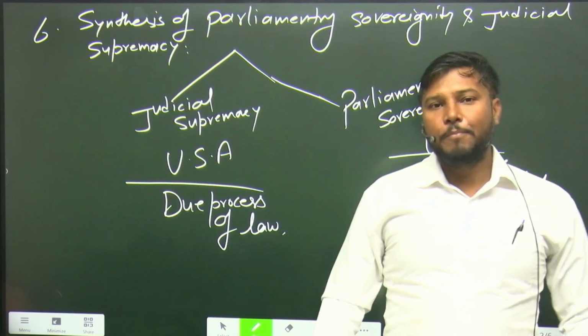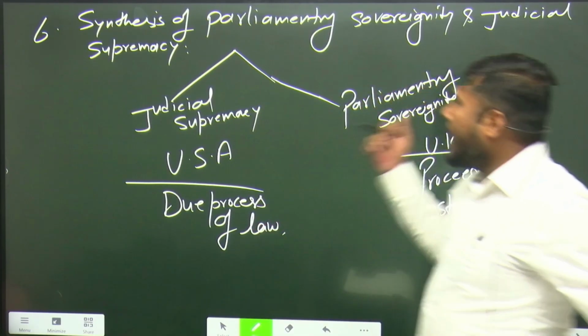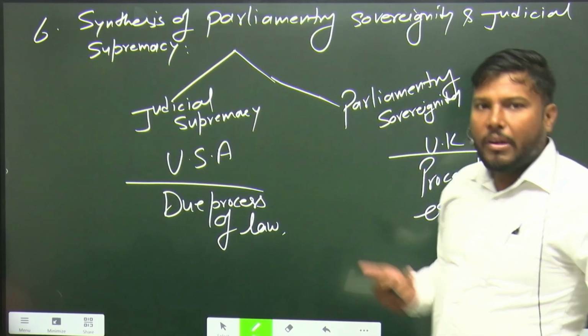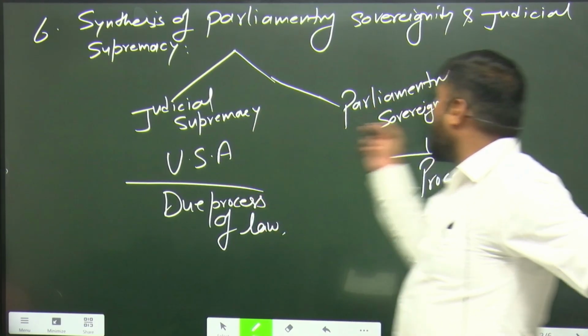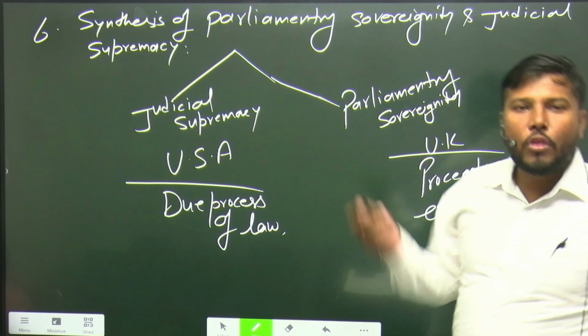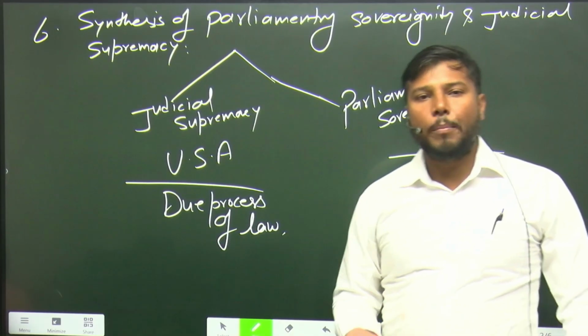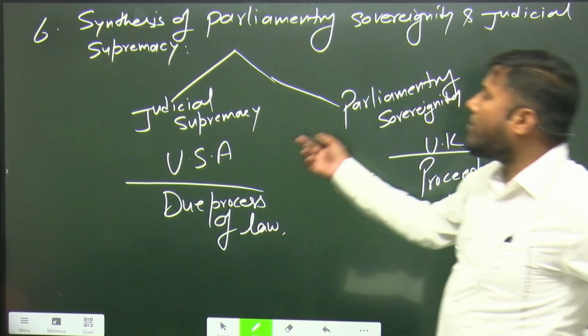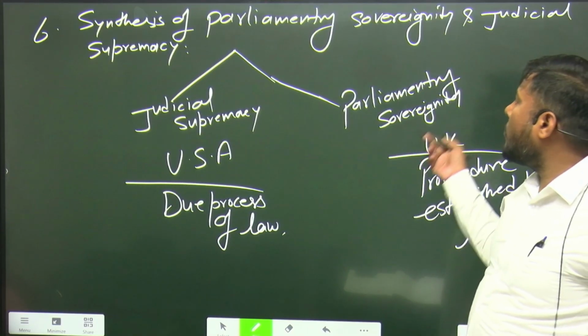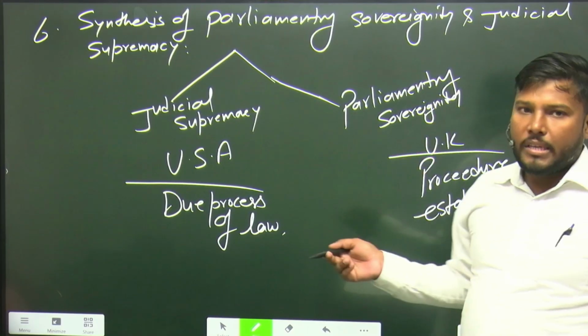Literally whatever. And if we try to examine our case, where we are, whether we follow judicial supremacy or parliamentary sovereignty, then you apply your common sense, and your answer will be, no, we neither follow judicial supremacy nor follow parliamentary sovereignty, right?